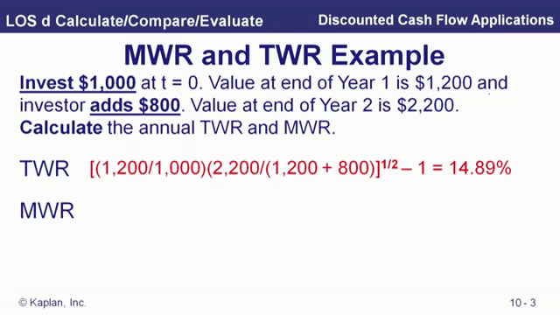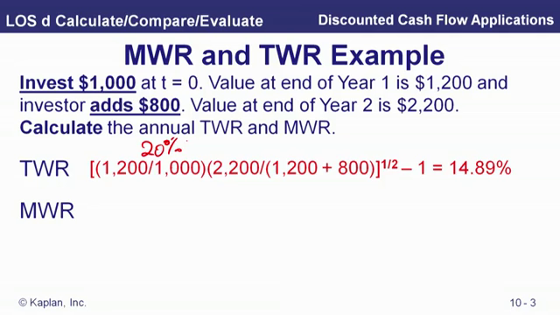Okay, so time-weighted rate of return. We've got 1,200 over 1,000. That's 1 plus our holding period return. Our first period holding period return was 20% here. The 1,000 grew to 1,200, so we had a 20% holding period return over that first year.